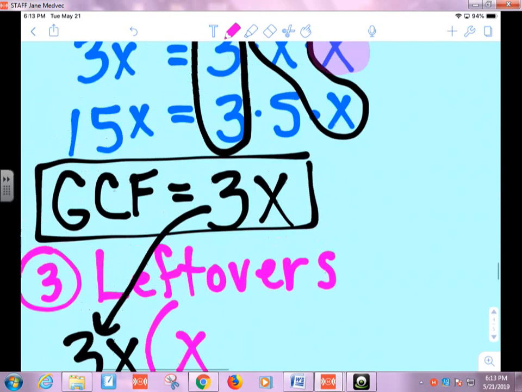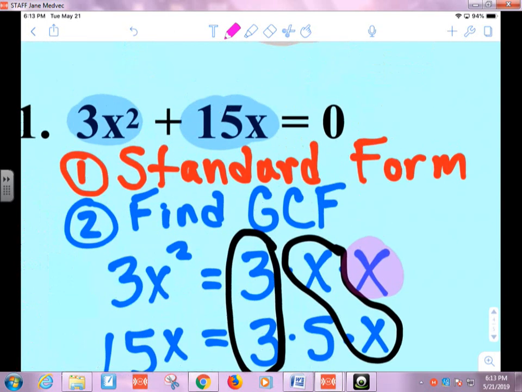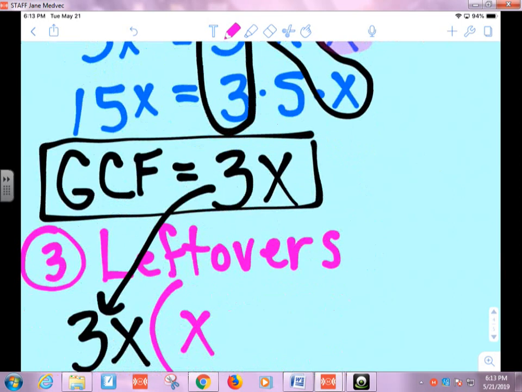Then I'm going to go back up to the original problem, and you're going to notice that there's a sign in between those two terms, that plus sign. So I'm going to use that. That's a leftover, and I'm going to bring that down here and put it right there in my leftovers category. Then I'm going to look at the second term. And in the second term, 15x, you're going to notice that the 5 was leftover.